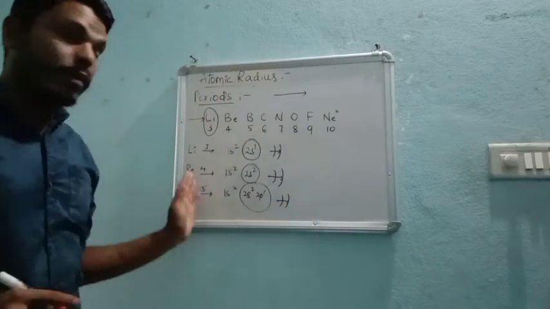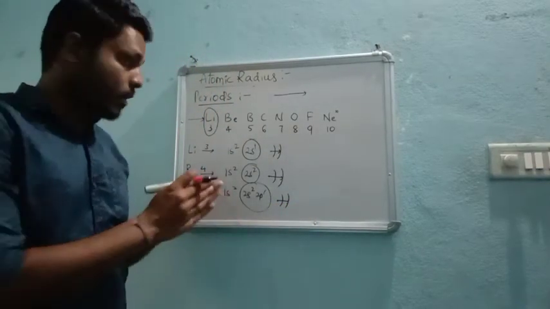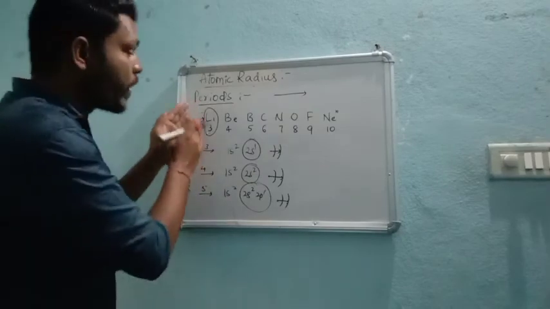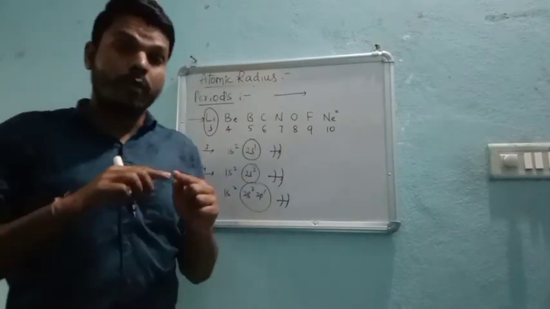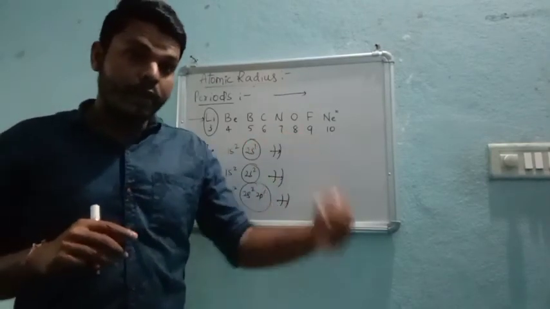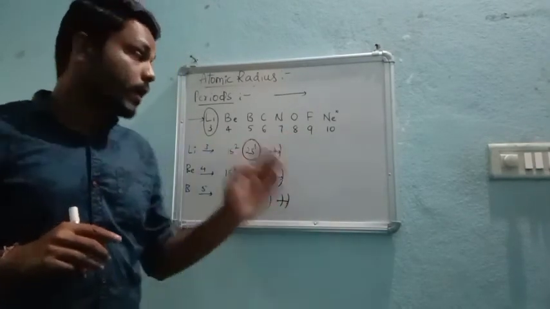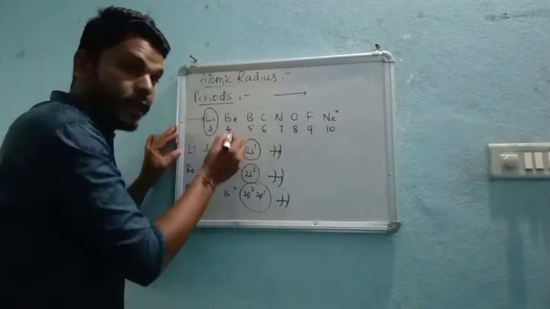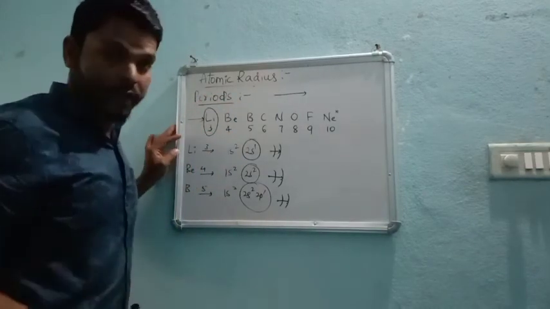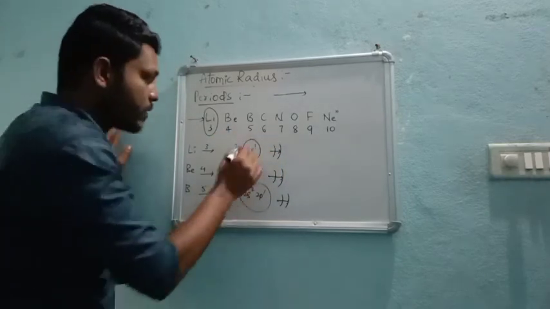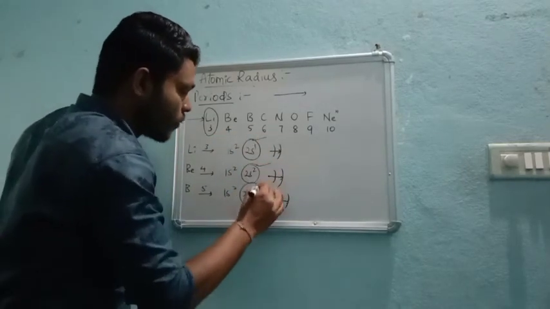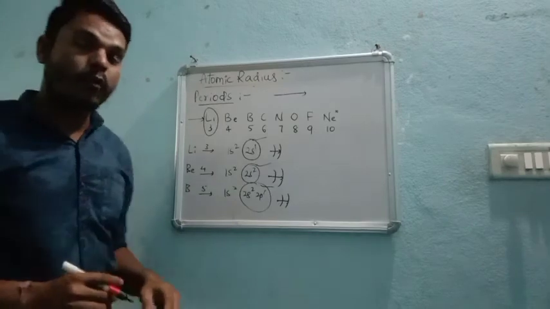Like in the group, what we saw is that while moving from one element to another down the group, the electrons were moving into a new shell. But here, in case of period, the case is different. The electrons are moving into the same shell, that is, the second shell only.